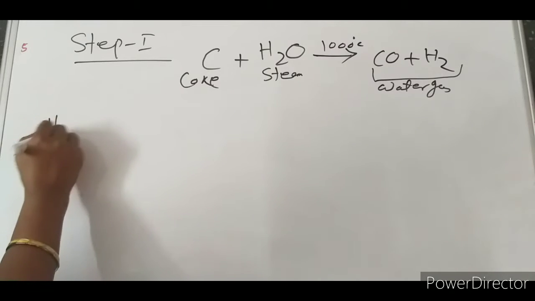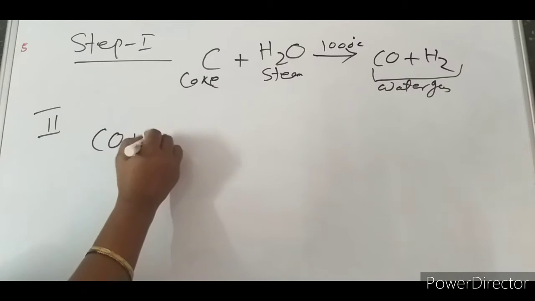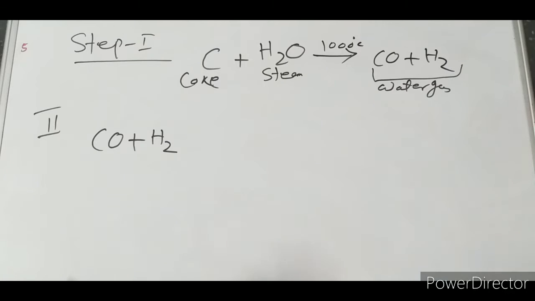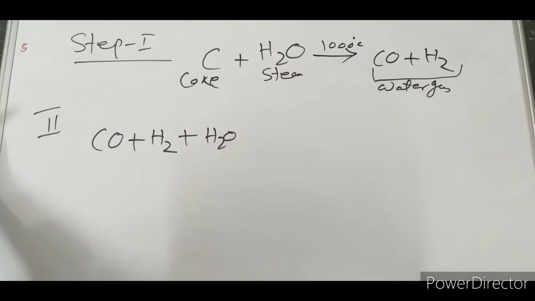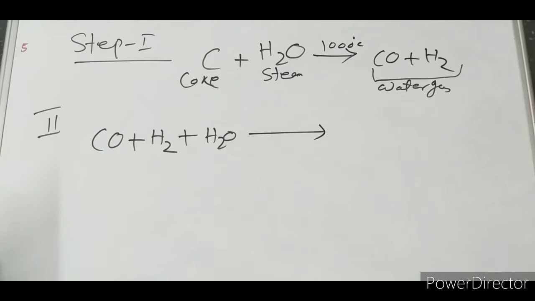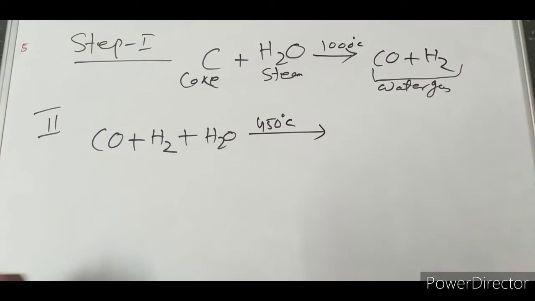Step 2. In step 2, this water gas, carbon monoxide and hydrogen, has to be treated with excess steam, not water. Excess steam has to pass through it, and the temperature is decreased to 450 degrees Celsius.